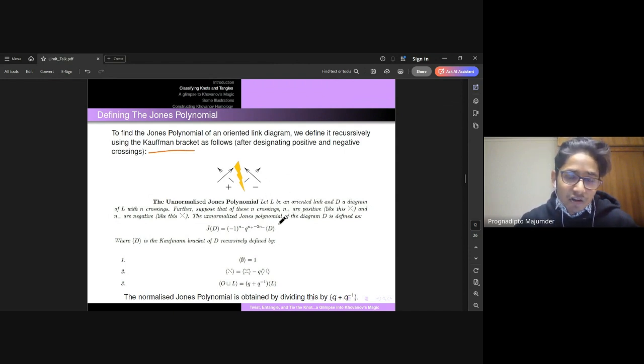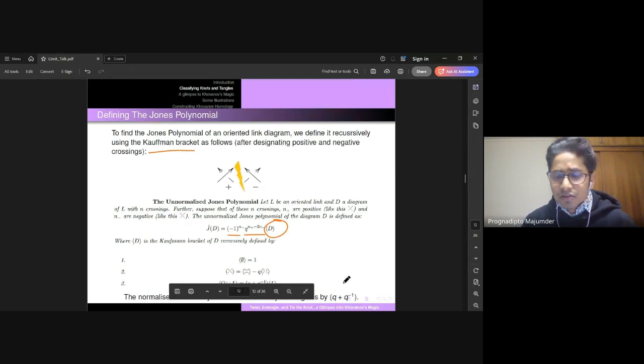And this is the Kauffman bracket of this diagram. You compute the Kauffman bracket and adjust it by the factor (-1) to the power n minus times q to the power n plus minus 2 n minus. This will give you something called the unnormalized Jones polynomial, and to normalize it, you just divide by q plus q inverse.